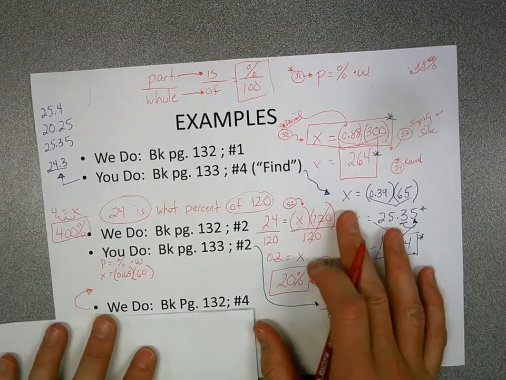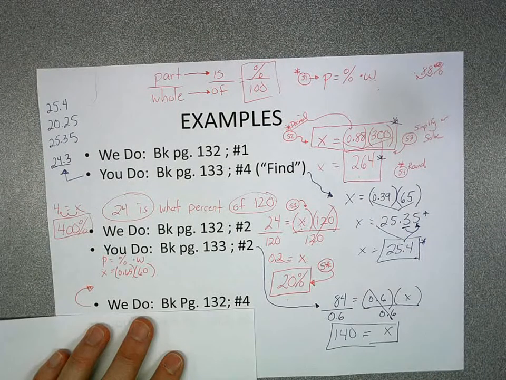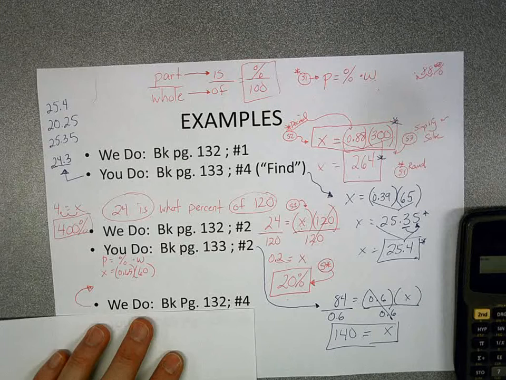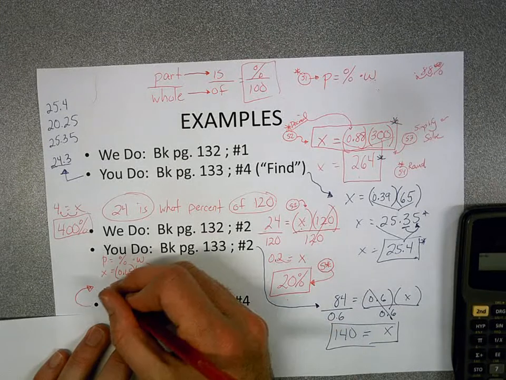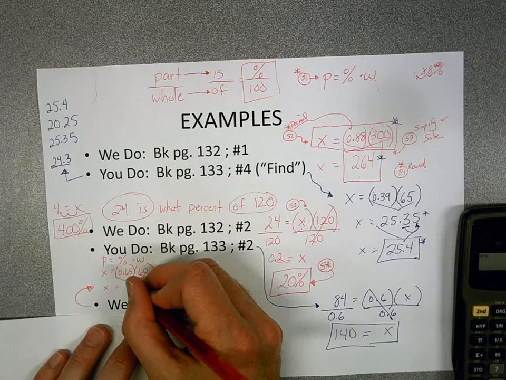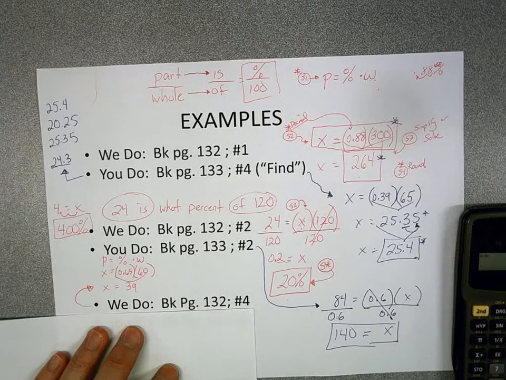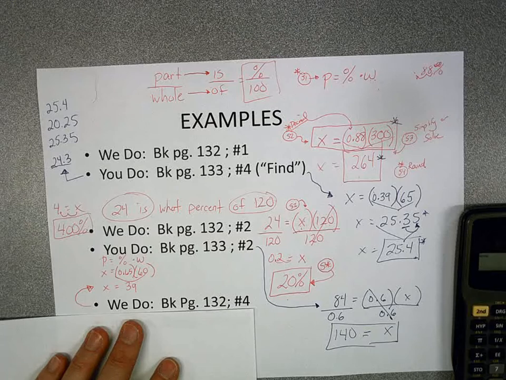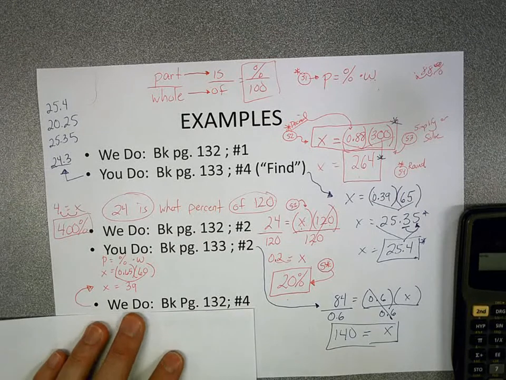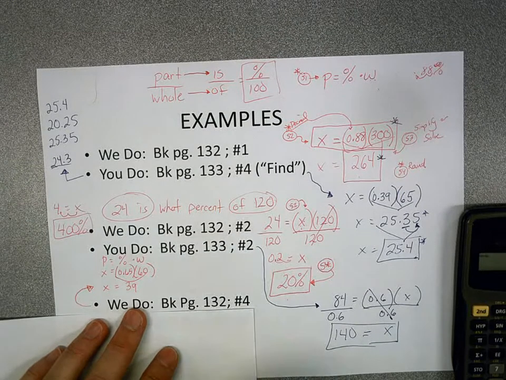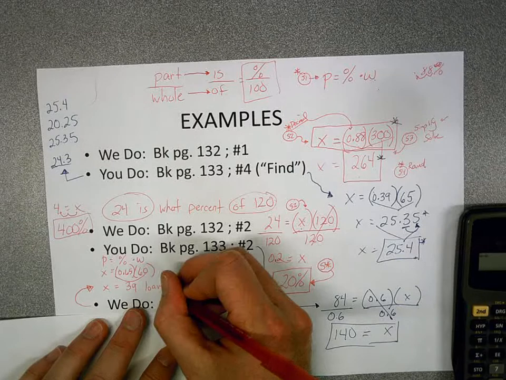So at this point, all we do is 0.65 times 60 equals, because we're simplifying this side, so x is equal to, my calculator says 39. And guys, like any other word problem, what do we need at the end? The units. So 39 what? Loaves. If you want to put loaves of bread, that's okay too.